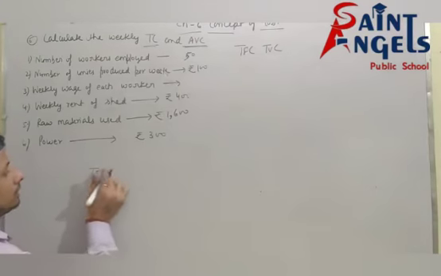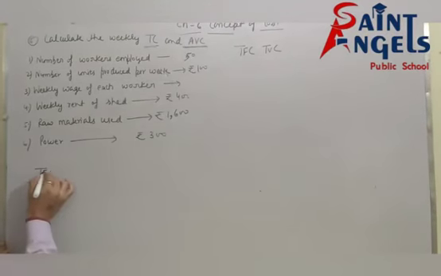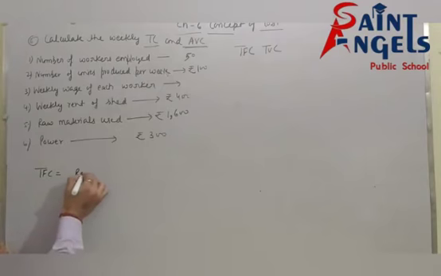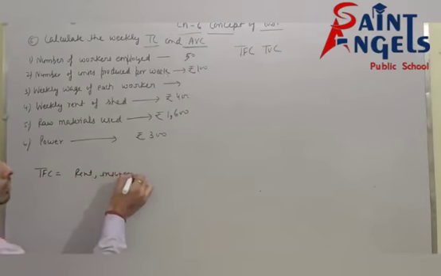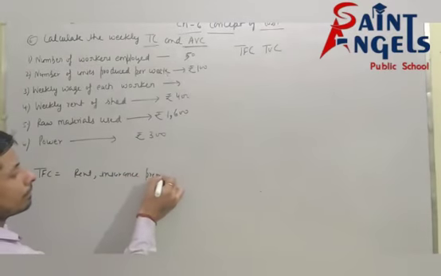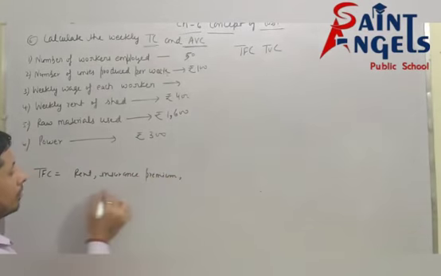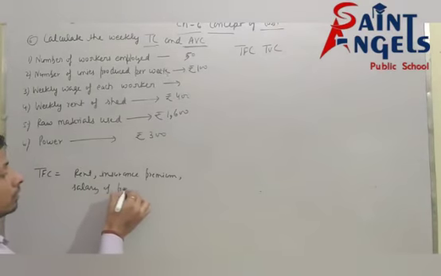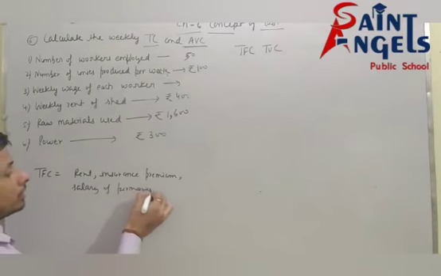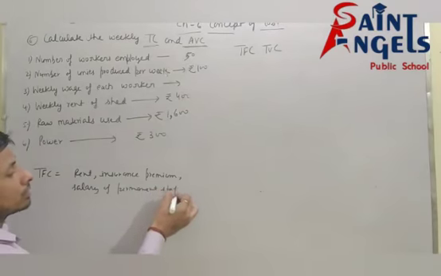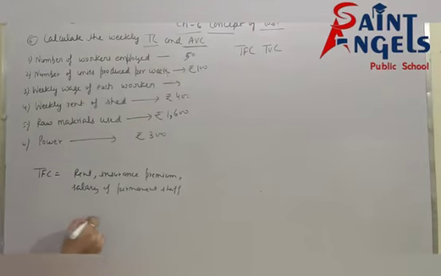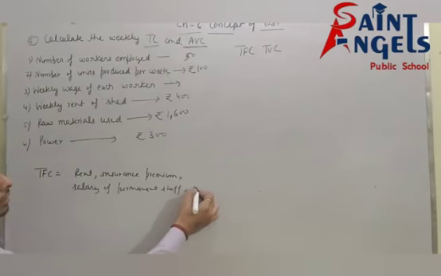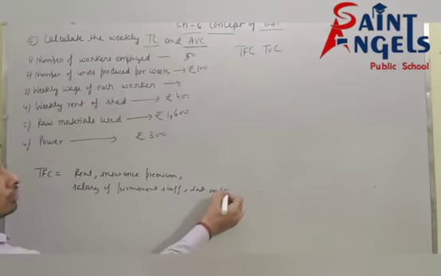What are the examples of TFC? Rent, insurance premium, salary of permanent staff, and interest on loan.